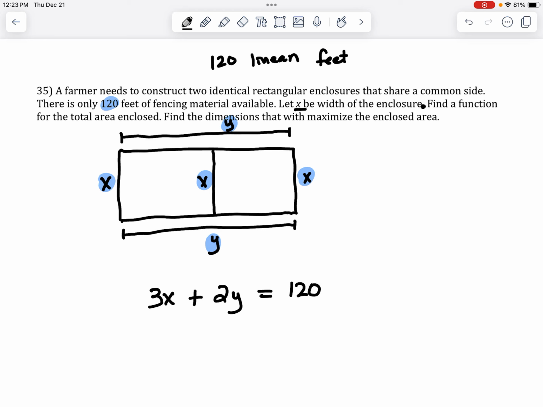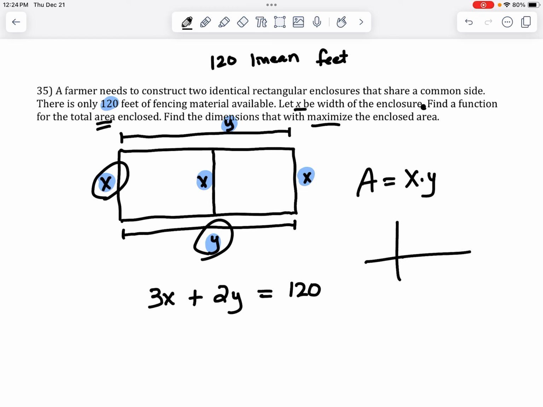So we're up to right here. Find a function for the area. Well, area just means multiply one side with the other, so the area is equal to x times y. And then find the maximum. So that must mean that we've got some kind of parabola situation, and then we could find the maximum.